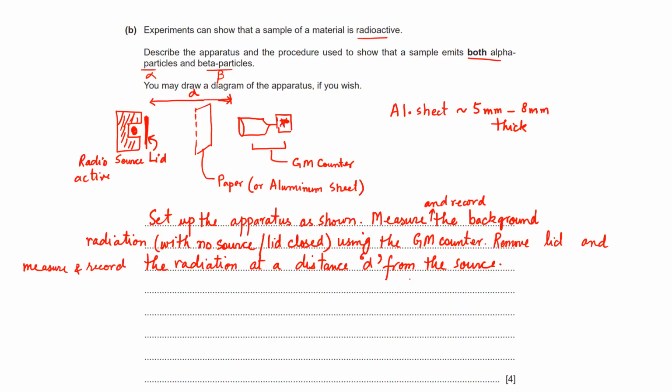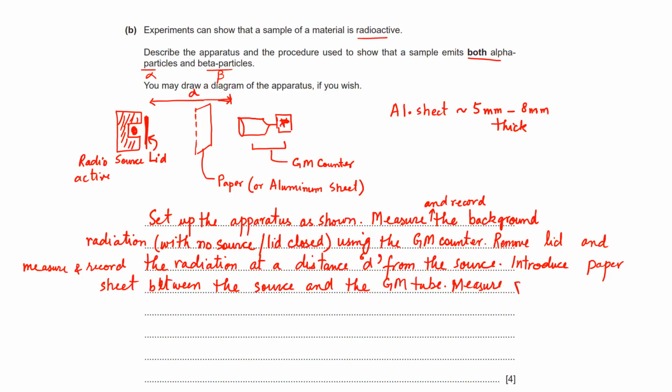Record the radiation at source D. After that, introduce a paper sheet between the source and the GM tube, measure and record the reading.